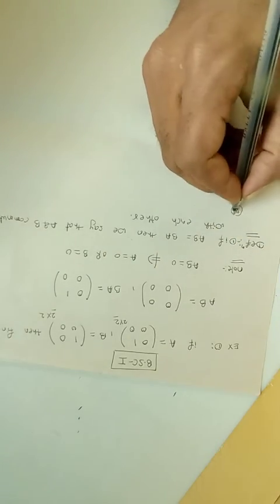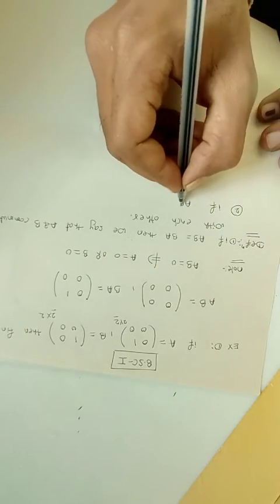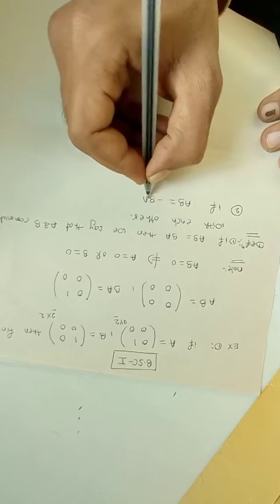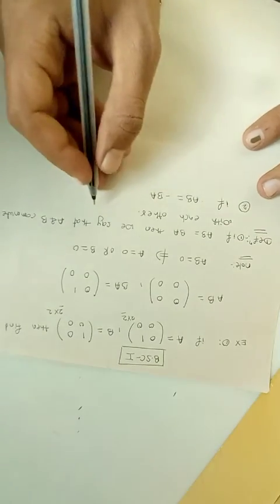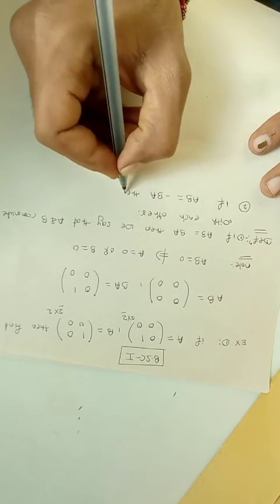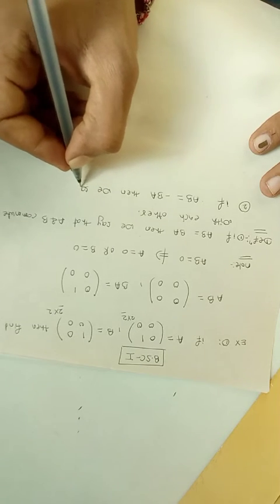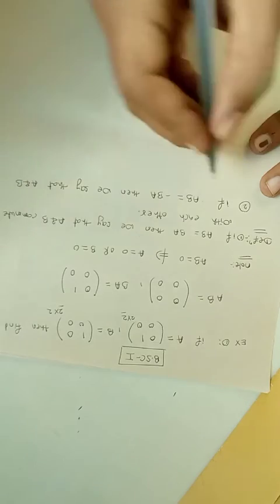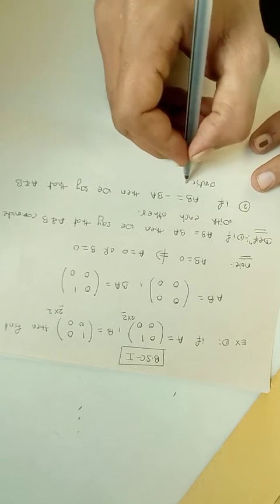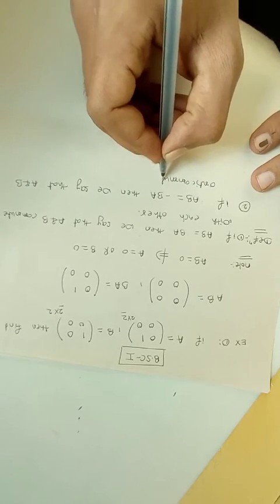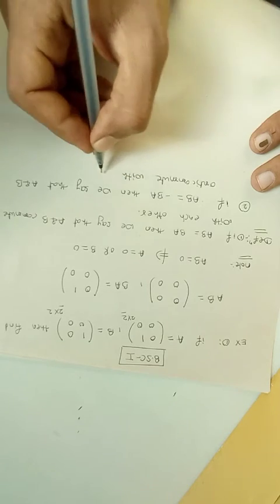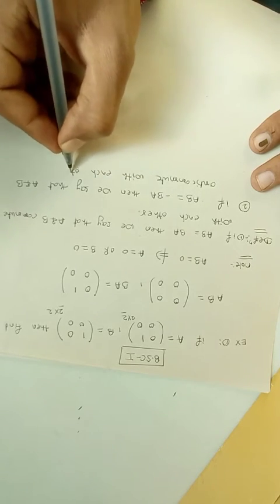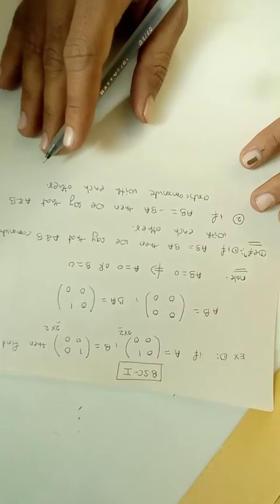Second, if AB is equal to minus of BA, then we say that A and B anti-commute with each other.